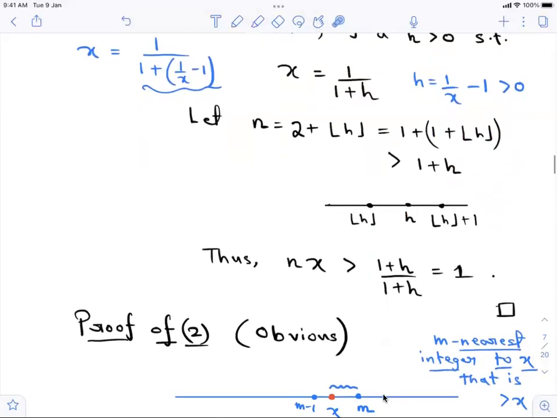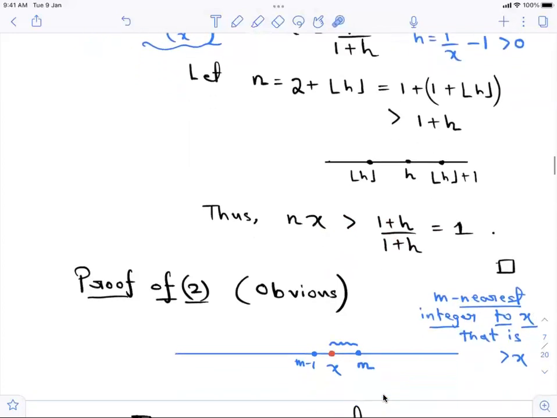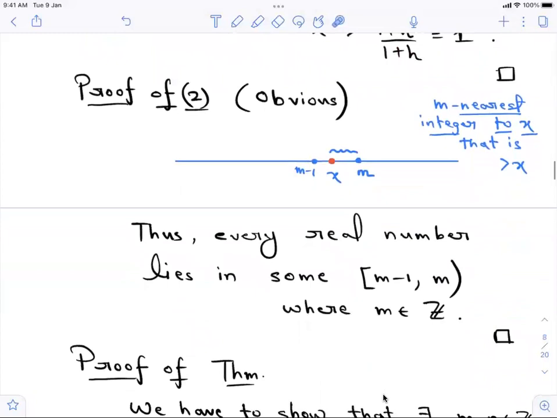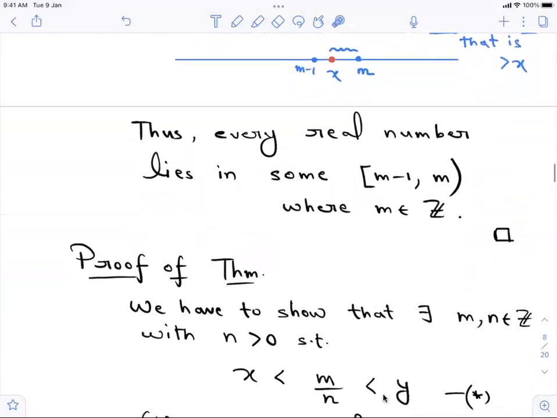Okay, and the moment I've made that choice, nx is strictly bigger than 1 plus h by 1 plus h, because n is bigger than 1 plus h, and x is equal to 1 by 1 plus h. So nx is bigger than 1. Okay, so that was the Archimedean property as well as this other property.